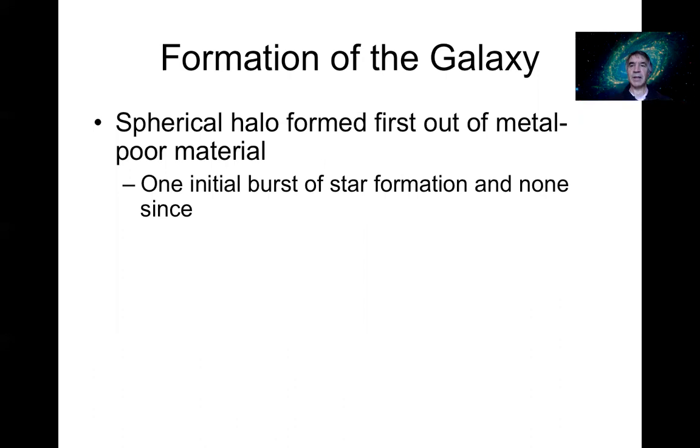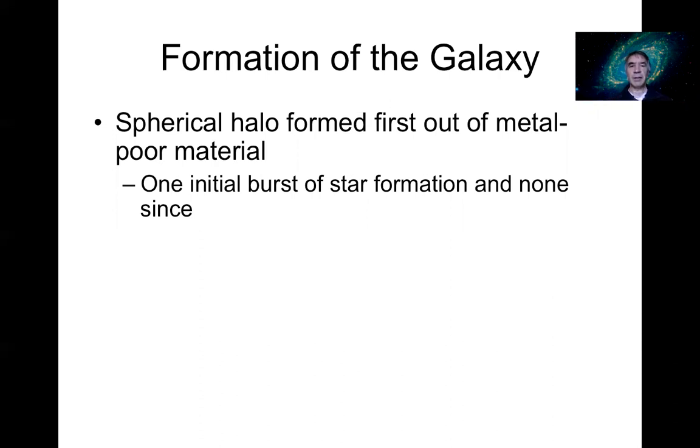When galaxies like our own first formed, they formed out of metal-poor material emerging from the Big Bang itself, mostly hydrogen and helium, with very little heavy elements, because there had hardly been any generations of previous stellar evolution.